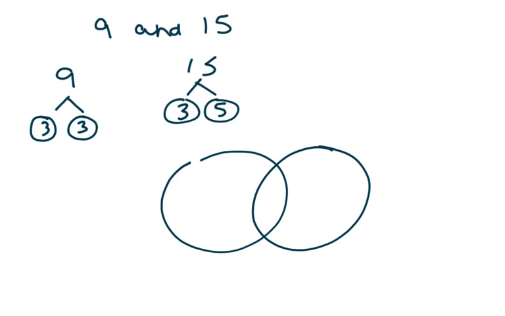And then we'll start our Venn diagram. Now they share a 3 in common, so I'll put that in the middle, in the intersection. And here's our 9 and our 15. The 9 has another 3, and the 15 has another 5. And so what we want to do is take the union of the sets with no extra overlap.